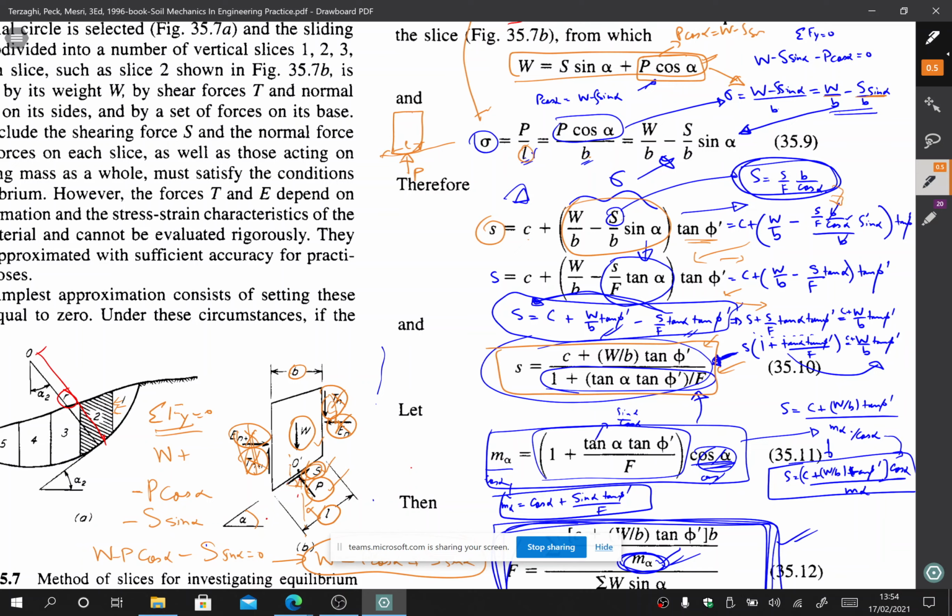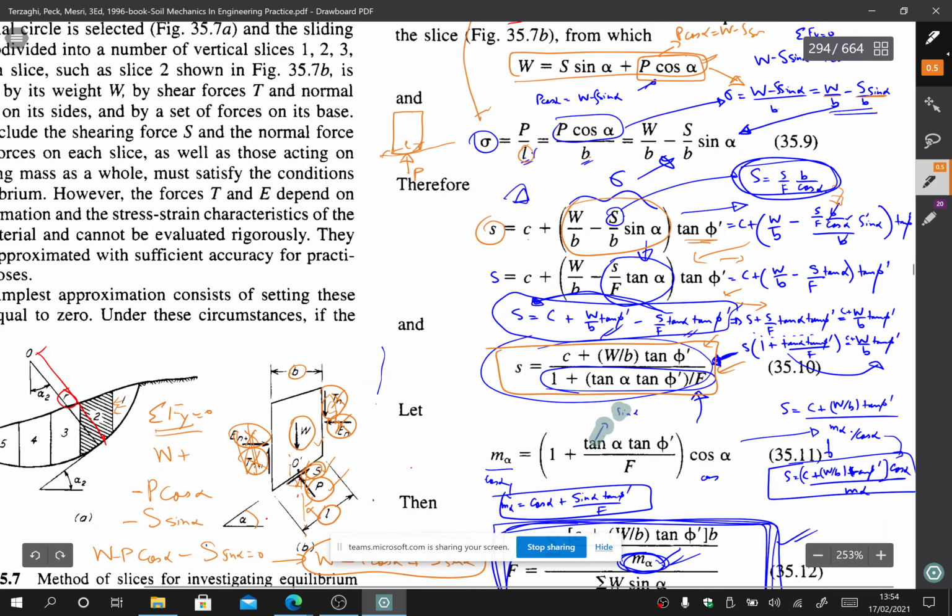And there is one term that has been developed, and we will see why we use this term here. This is M alpha. So now M alpha is equal to 1 plus tan alpha tan phi dash over F, into cos of alpha, and we put that value in this equation.